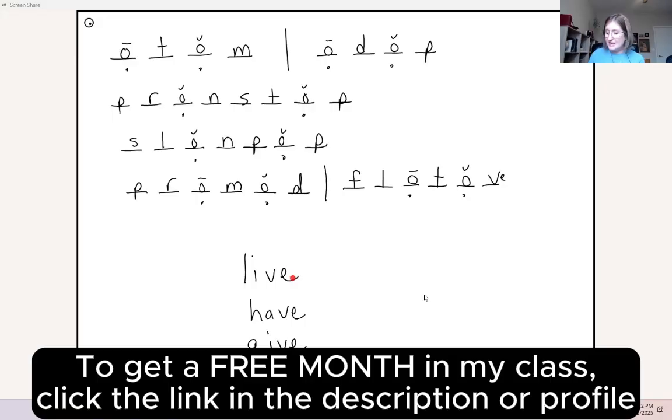The job of that E in those words is to prevent the V from being at the end. It's not affecting the vowel. So my apologies for this word. It wasn't the best word to give you. I'm going to change that for next time. So if you didn't get that one, that's on me.